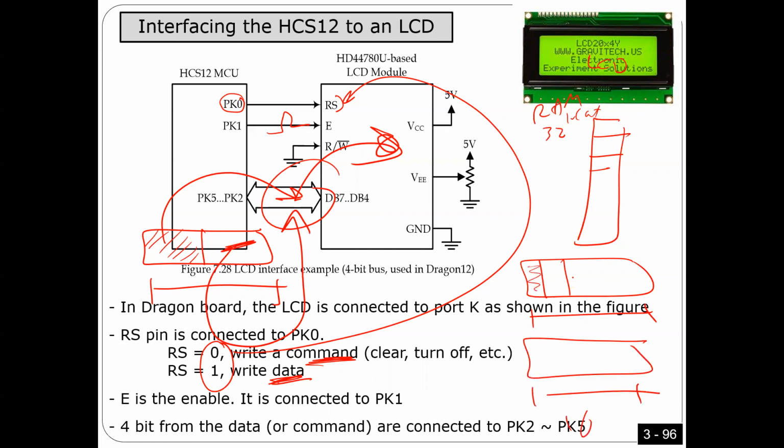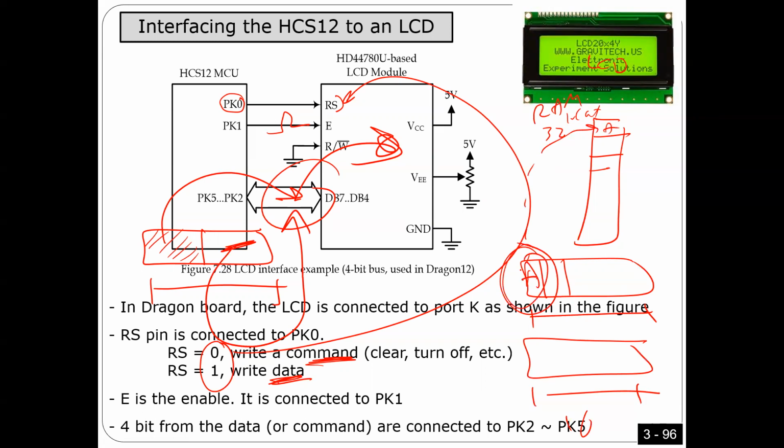The data you store in every character, the ASCII of this data, is already stored in the RAM, in a location in the RAM. So if I want to display a letter A here, I have to store the ASCII of A in the location of the RAM corresponding to this character.